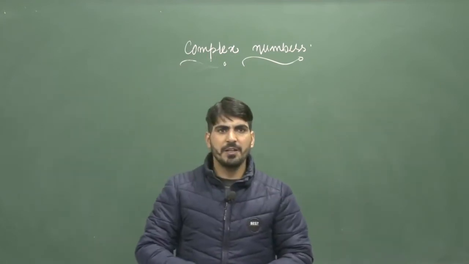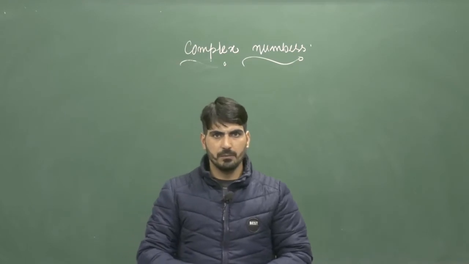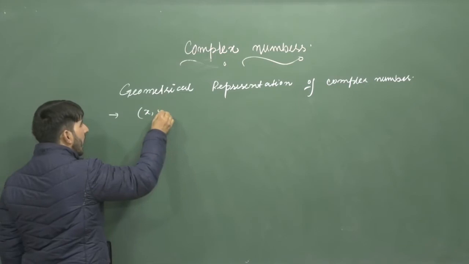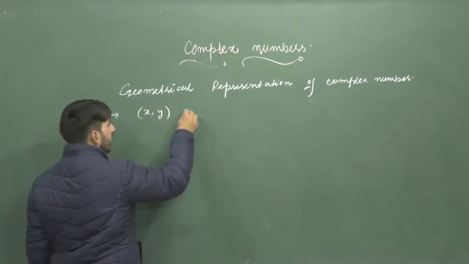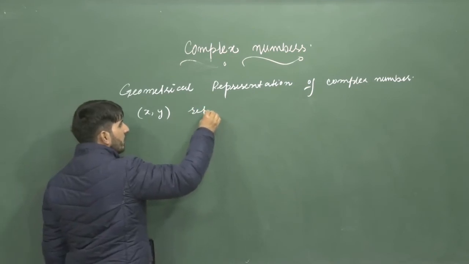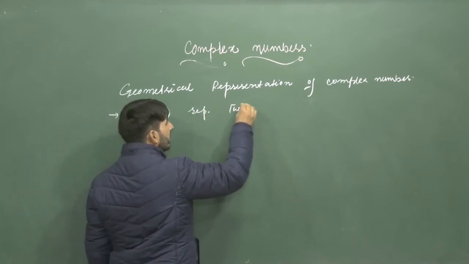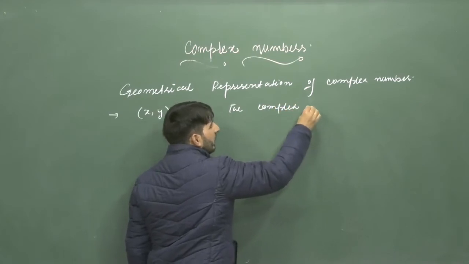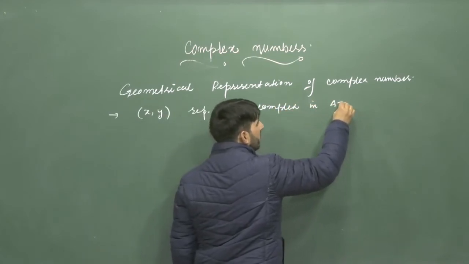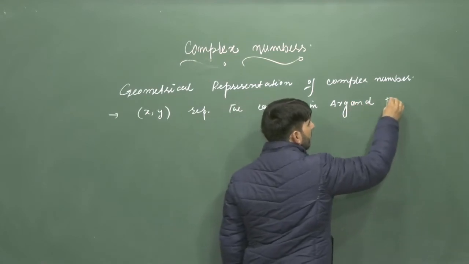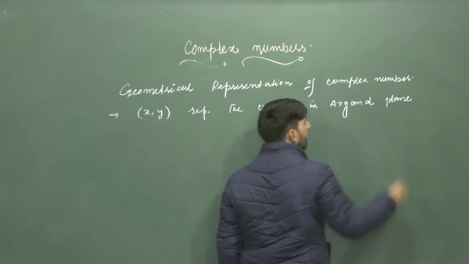Now what is the geometrical representation of complex numbers? Remember, an ordered pair x comma y represents the complex number in the Argand plane. So what is the Argand plane?